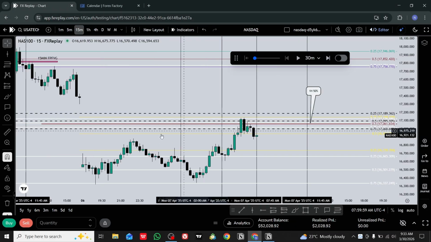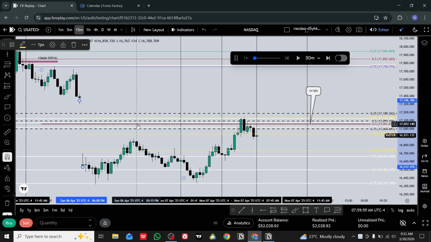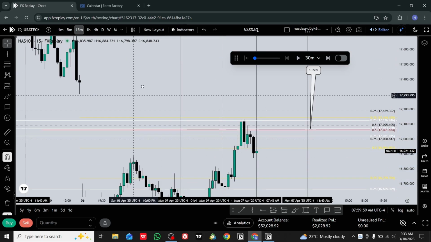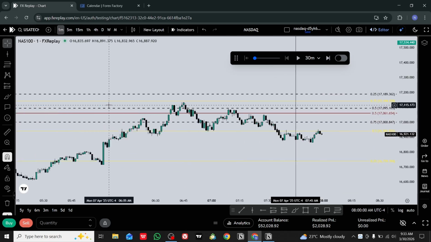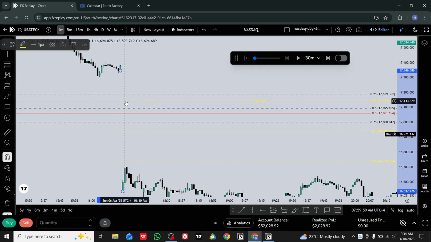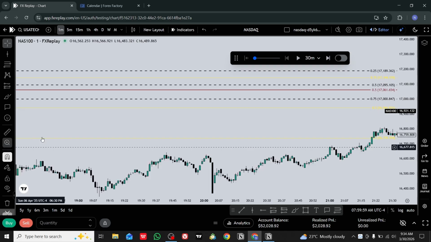I don't know how you can see it because I am not able to see it clearly. So these quarters are the weekly opening gap quarters. I highlighted it on the exact 1 minute time frame. You can see the open is up and down, and this is the open.